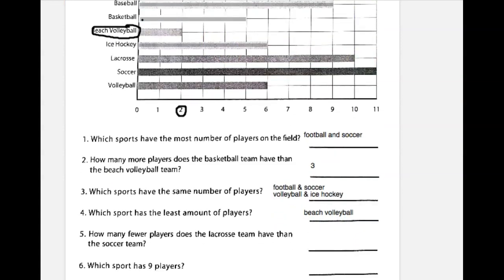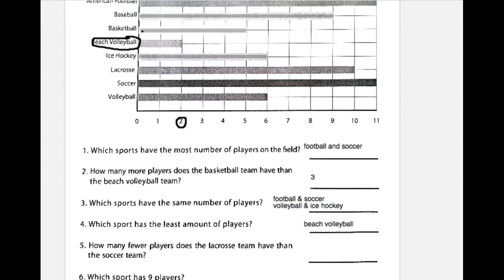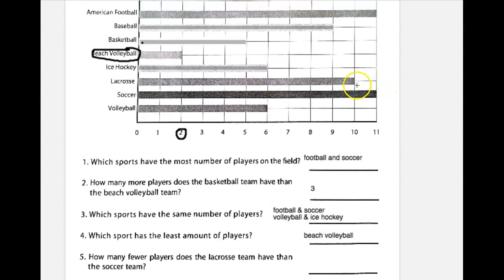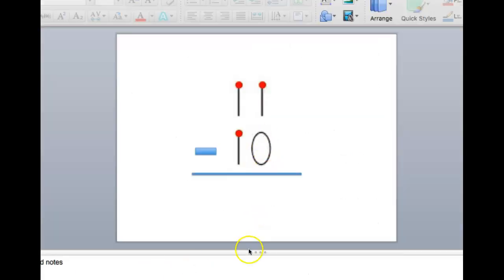Number 5, how many fewer players does the lacrosse team have than the soccer team? So we're subtracting again, okay? We're going to look at lacrosse, which has 10, and soccer, which has 11. So you're going to do 11 minus 10. I have it written out here because it's easier to see than if I were to do it on the worksheet.